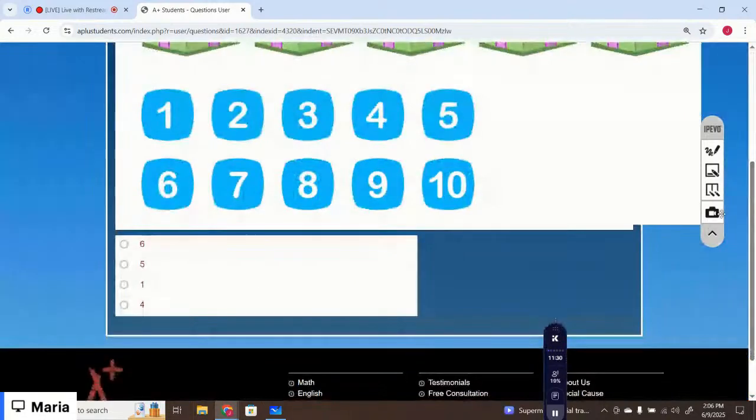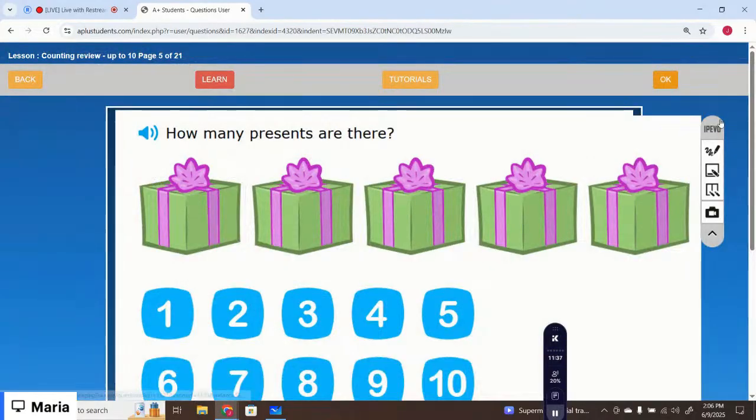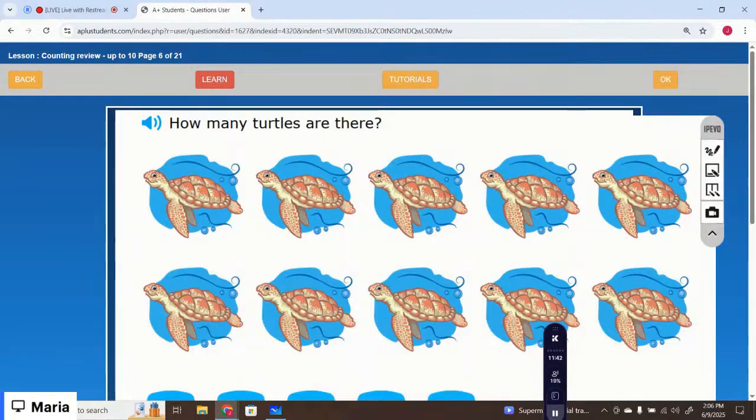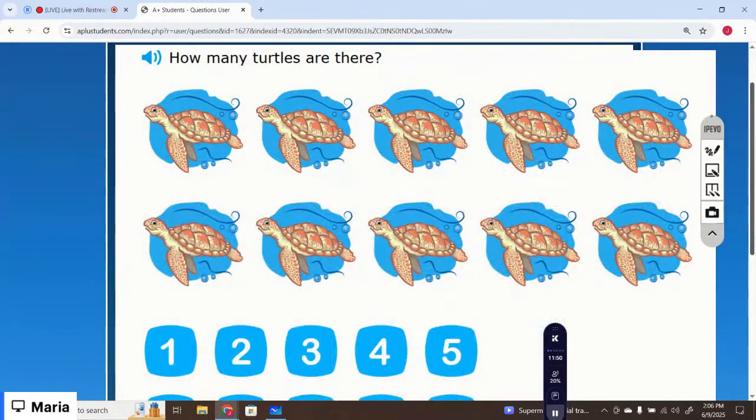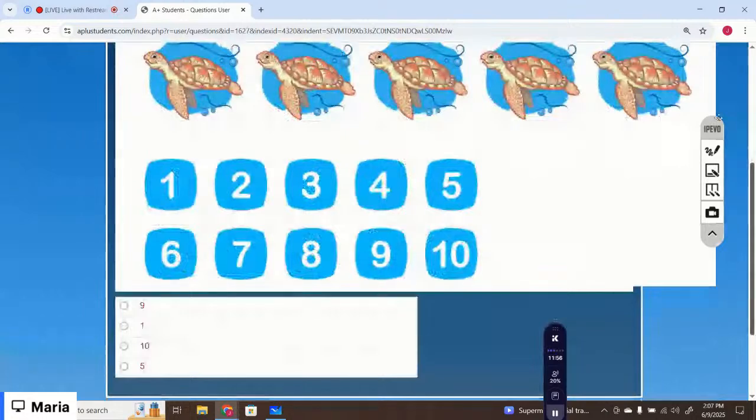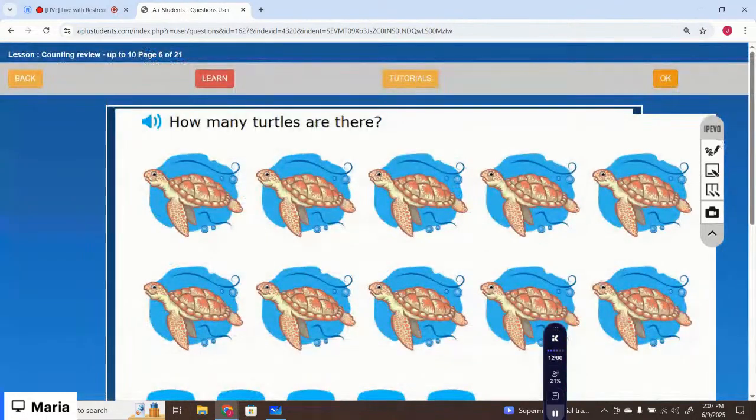Five presents. The correct option is five. How many turtles are there? One, two, three, four, five, six, seven, eight, nine, 10. There are 10 turtles. Option number three is the correct option.